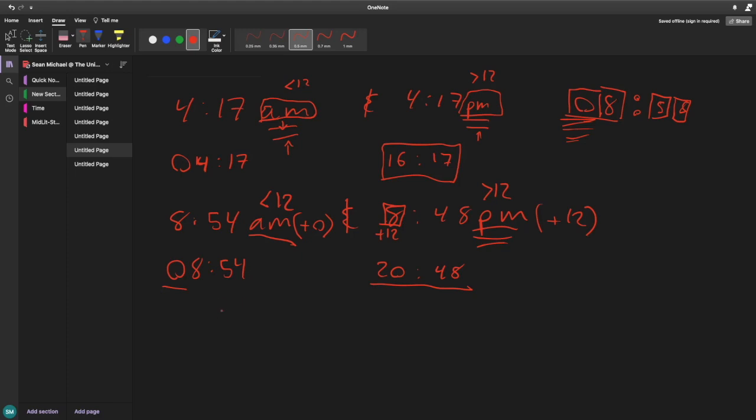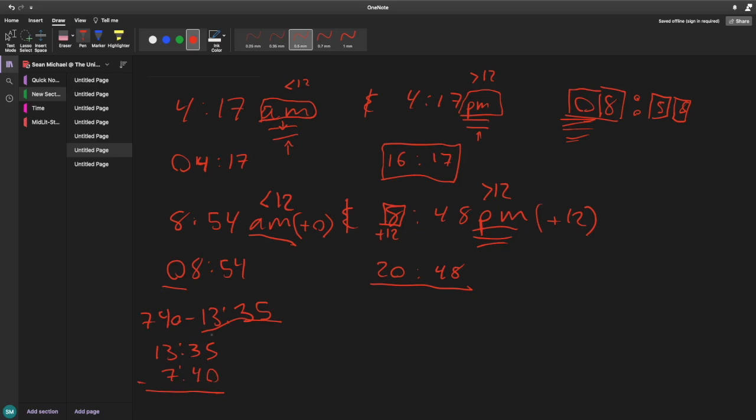So if you want to figure out how much time has elapsed from 7:40 to 13:35, you're going to make sure that you write the bigger number on top, right? 13:35, and the 7:40 here. You need to make sure the bigger number is on top, or else it's not going to work.